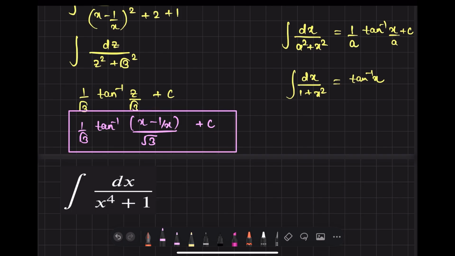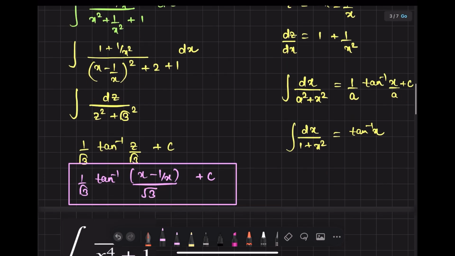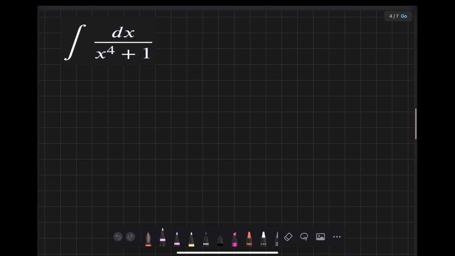I hope the idea is clear and you guys are connecting those ideas with the question. Now, pretend again. Look at this question. You know that we have biquadratic, sense of biquadratic.